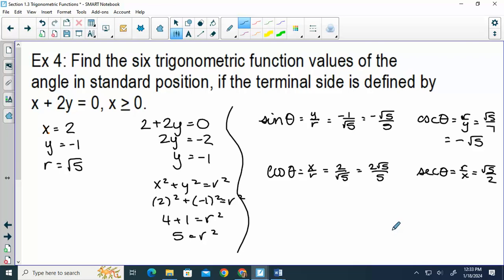Tangent. What is the definition of tangent? y over x. So -1/2. Reciprocal of tangent is? Cotangent. So it'd be 2 over -1 or -2.